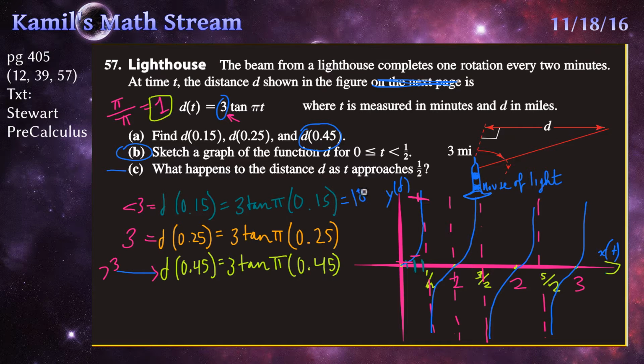This should equal about 18.9, near 19. And this should equal 1.529, so around 1.5. This is the only one that we can solve without a calculator, I think. Right?